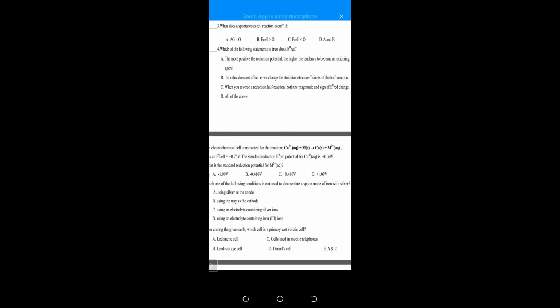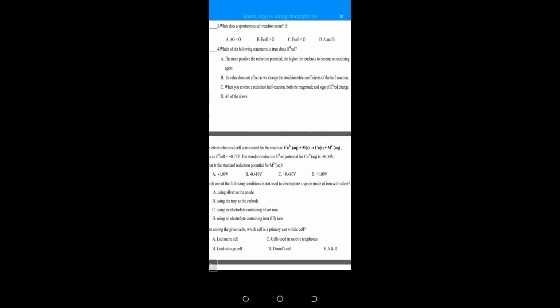Yes? The more positive the reduction potential. ለምሳሌ E of reduction, one is negative 0.5, the second, for X and Y if you are given, the first is negative 0.5 and the second is 1.5 ተብለን, which one is the best oxidizing, best reducing agent ብትባሉ ሁል ጊዜ ሊስቱ ምንድነው? Best oxidized.